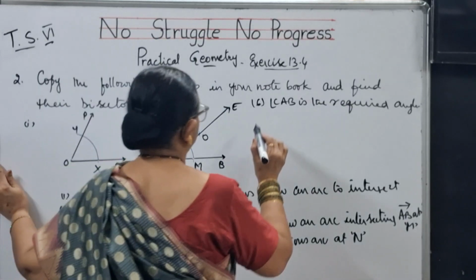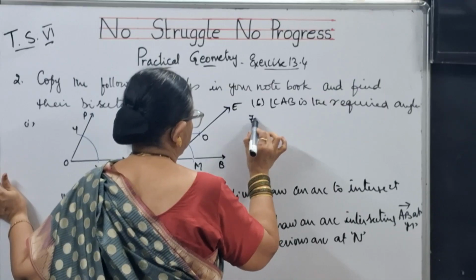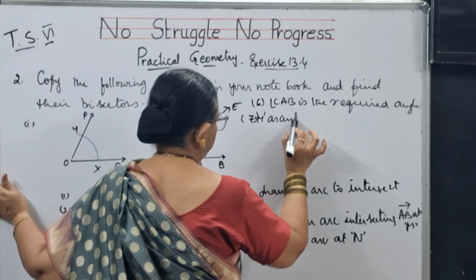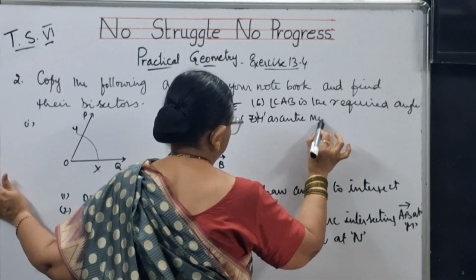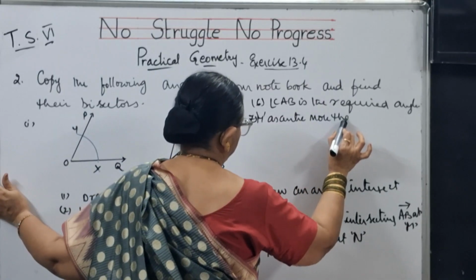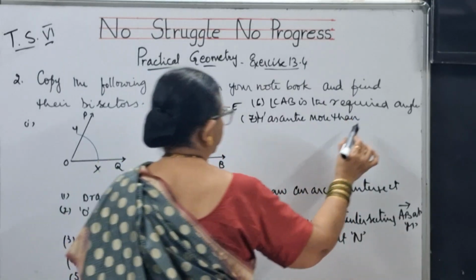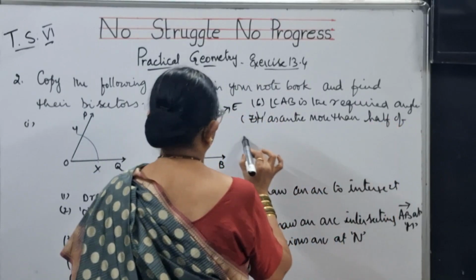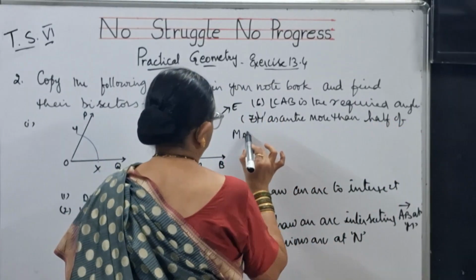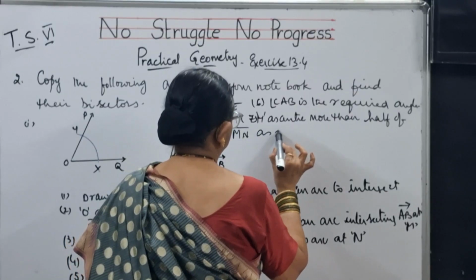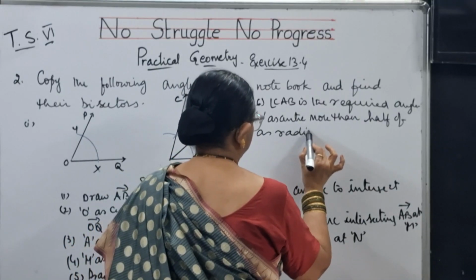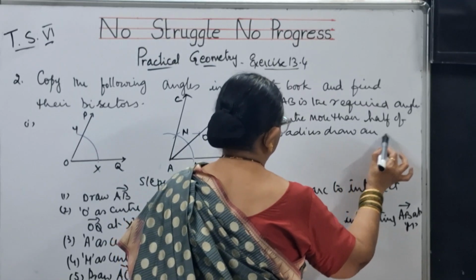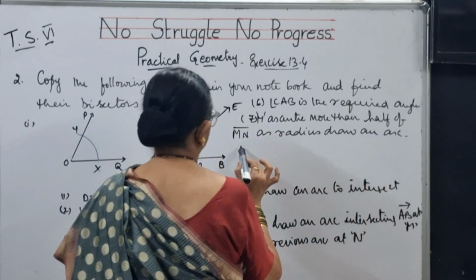Seventh point, M as a center, more than half of MN as radius, draw an arc.